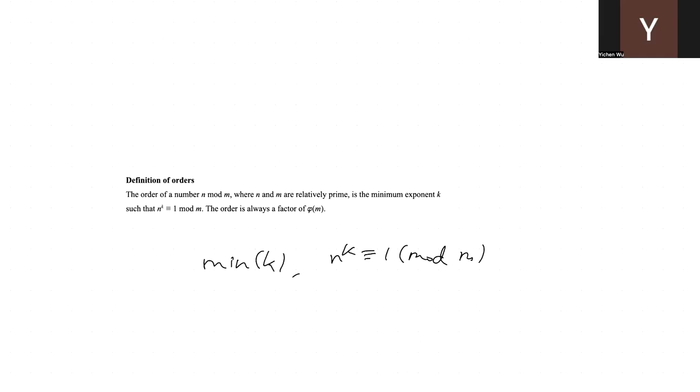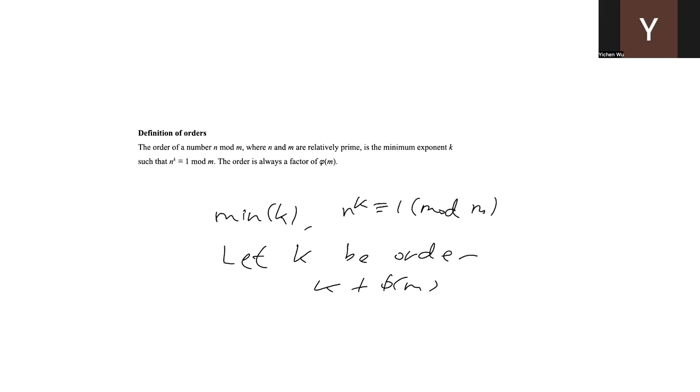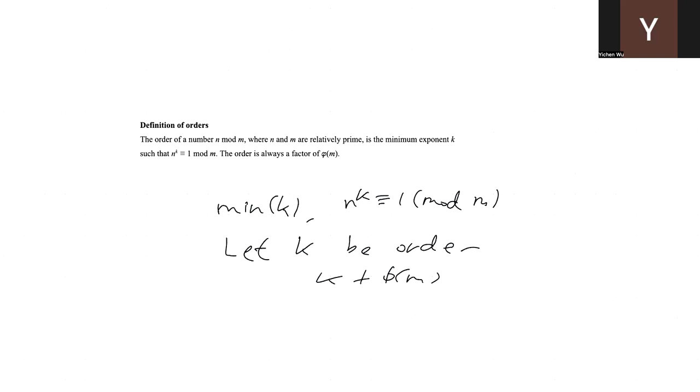The proof that I have is by contradiction. Let k be the order, but k is not a factor of phi of m. This means that we have n to the k equals 1 mod m, and this is the smallest integer which satisfies these conditions.